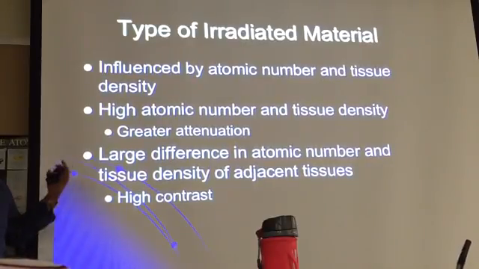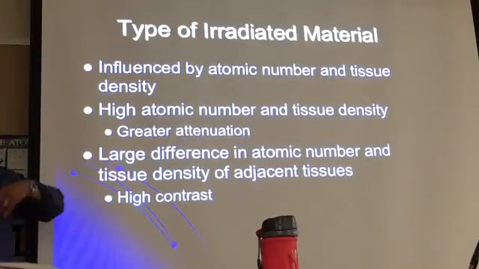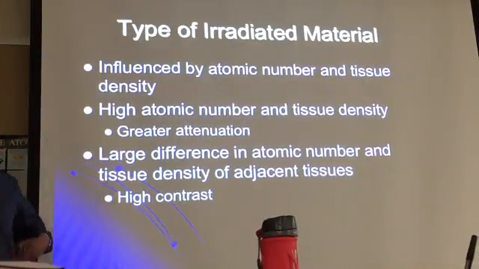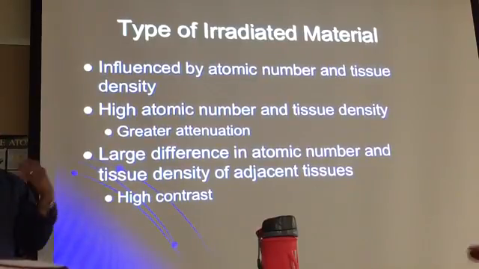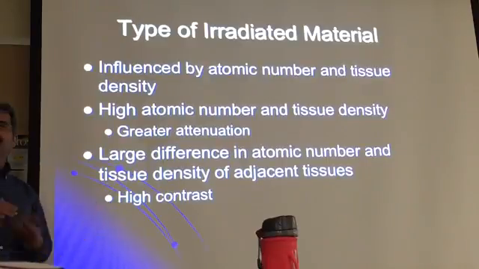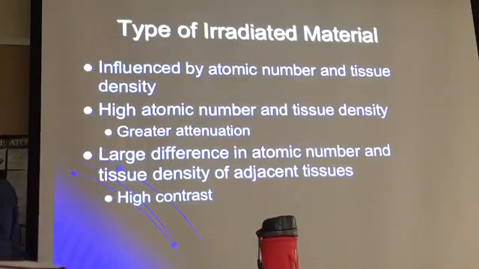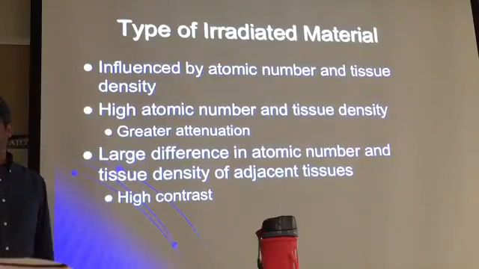Or say, for example, a patient has a foreign object, a bullet, a metal piece in the abdomen or whatever. Okay, it's easy to distinguish them. It's easier to see because the subject contrast is higher. That's why, if, for example, someone has swallowed a penny, it's easy to see.